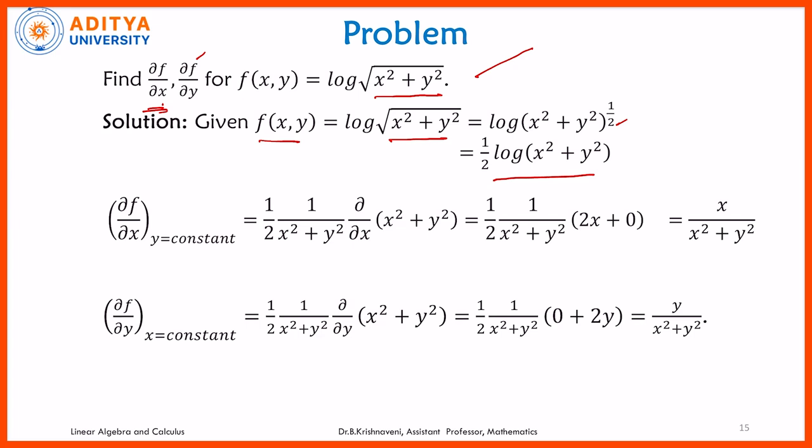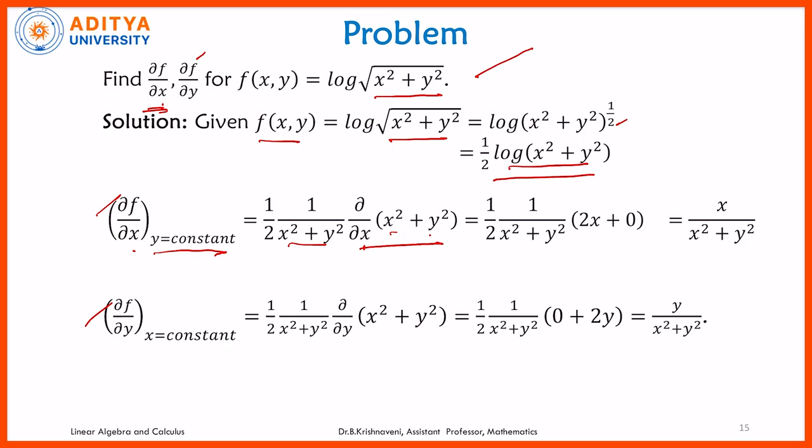So, now let us calculate dou f by dou x and dou f by dou y. While doing the partial derivative with respect to x, we need to keep y constant. So, now let us see what the derivative will be. 1 by 2 into the log derivative. What will the log derivative be? 1 by the function, that is x square plus y square, into the inner derivative. What derivative is that? The partial derivative with respect to x, given by dou by dou x of x square plus y square.